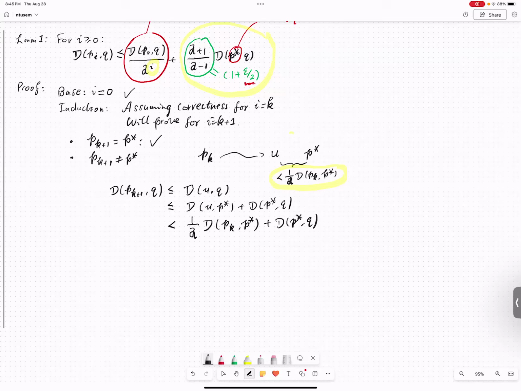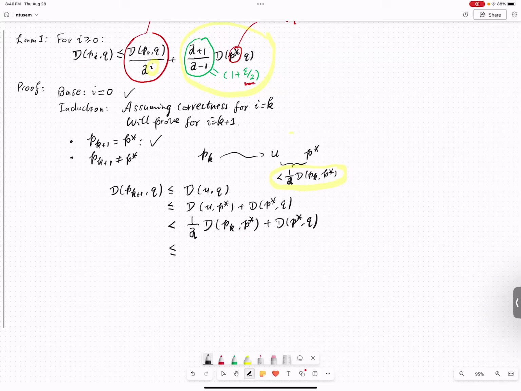One more step. Eventually I would like to use induction, our inductive assumption, to deal with p_k. But if you look at our target inequality, it's always a distance with respect to q. This is p star here, so we are not ready to use our inductive assumption yet. That's why we have to proceed with another application of the triangle inequality.